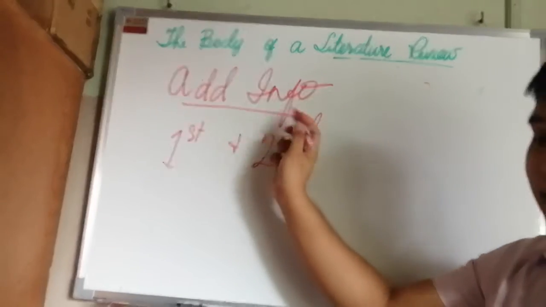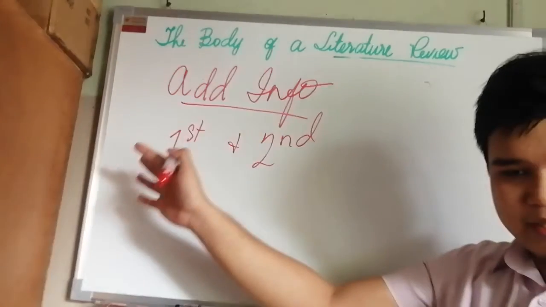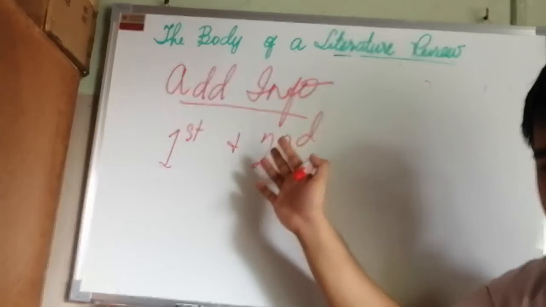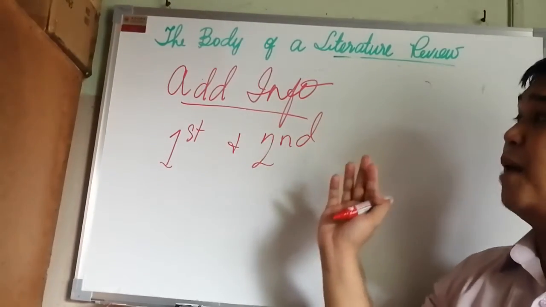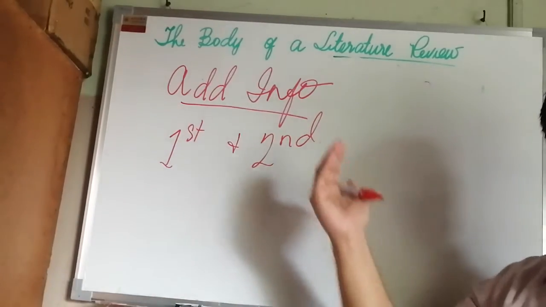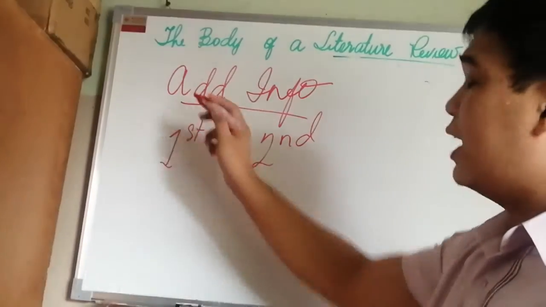Kapag nag-a-add info tayo, will they be friends or not? Ibig sabihin nun, that the first and the second sentence are friends with one another. Magkasundo, sinusuportahan ng second sentence si first sentence, and there is harmony. That's why we add info.